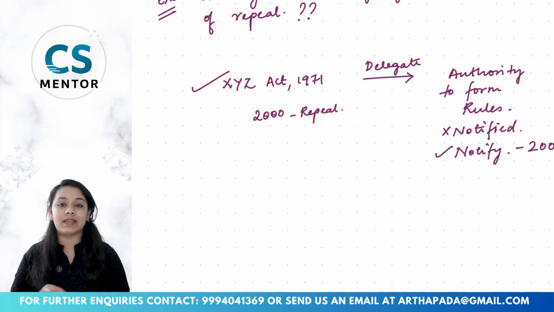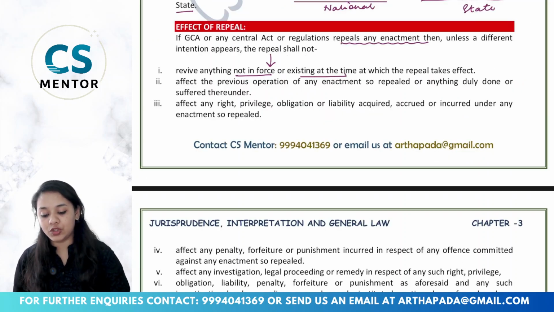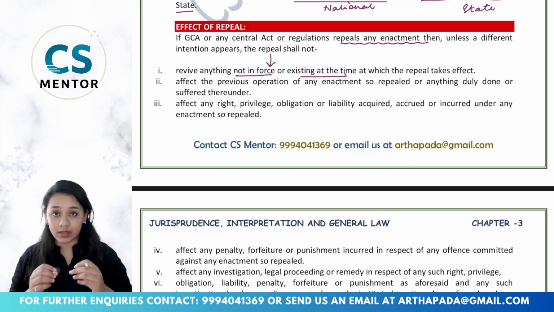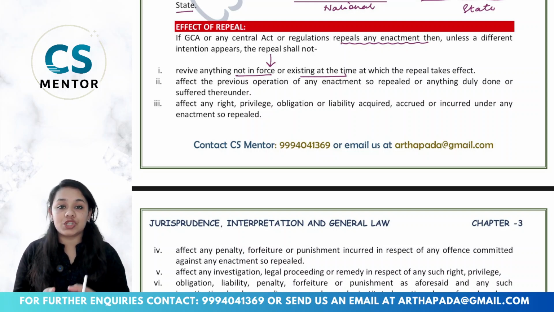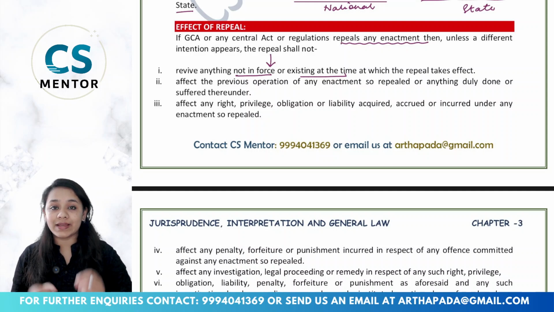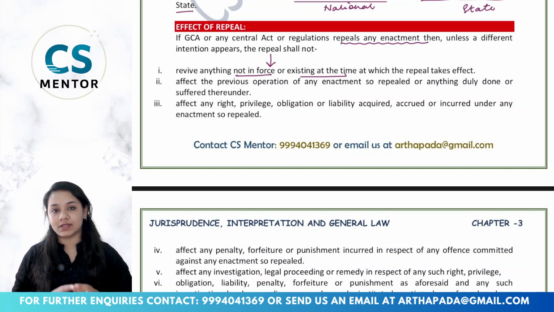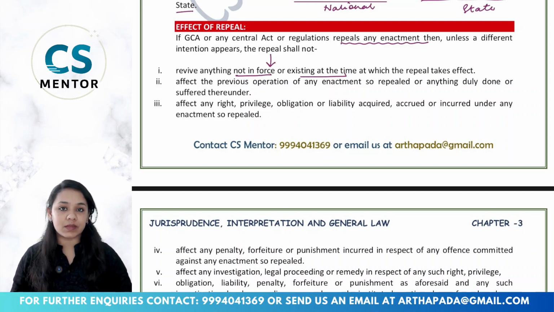The answer is definitely no. So let's look at the provision again. If there is any repeal, then the repeal shall not revive anything which is not in force. So the rules are not yet in force, they've not yet been notified, or existing at the time when the repeal takes effect. So you can't revive something which is not existing, which cannot be revived.